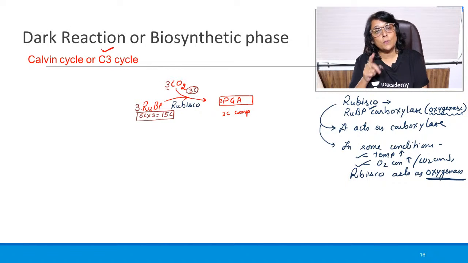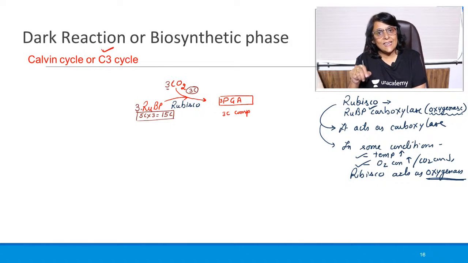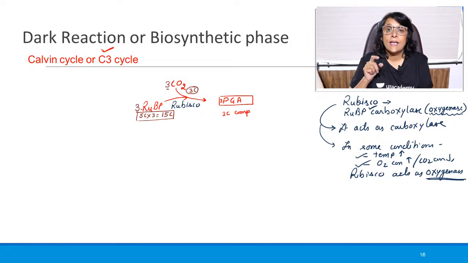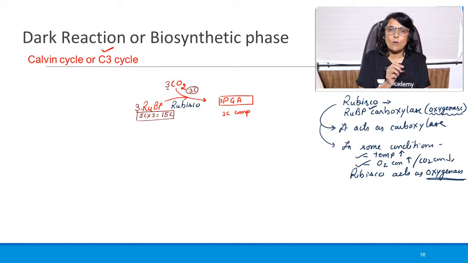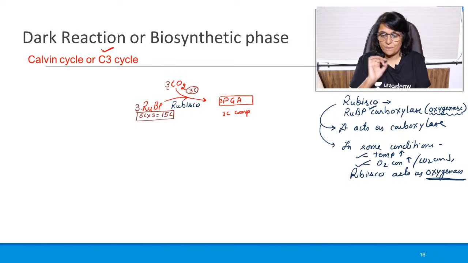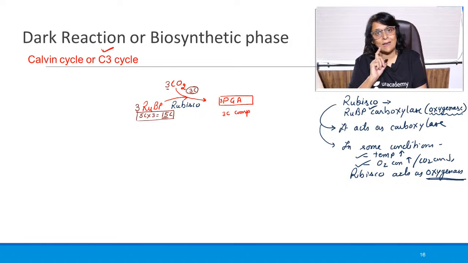We can start with 1, we can start with 3, we can do it with 6, but it is easier for us to understand. Once we do the cycle, you will realize that if we would have started with 1 carbon, then we would have encountered some kind of difficult steps. Now, how many carbons so far? 15 from RUBP and 3 from carbon dioxide, so total 18.